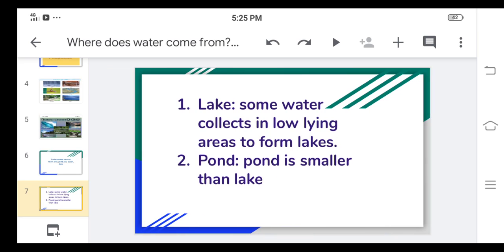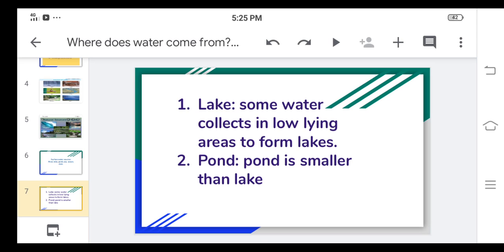Now one by one I will describe it. First is lake. Some water collects in low-lying areas to form lakes. Everywhere on the surface of the earth it is not flat, somewhere it is high, somewhere it is low.